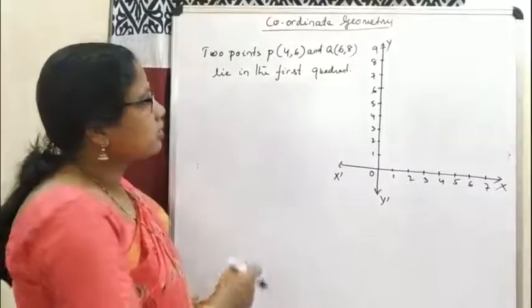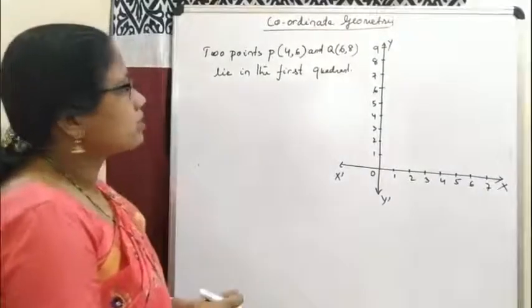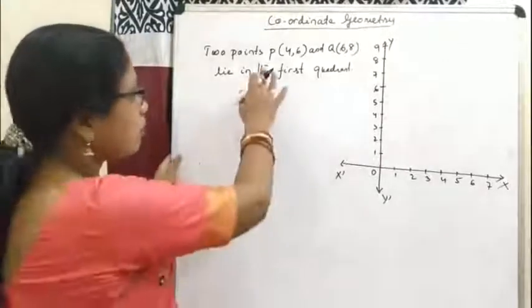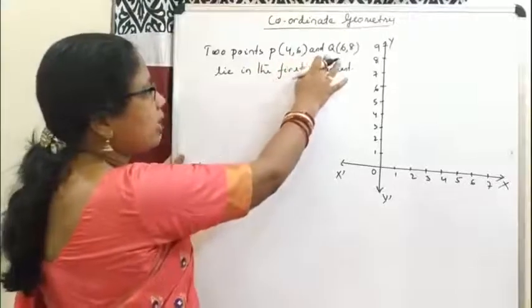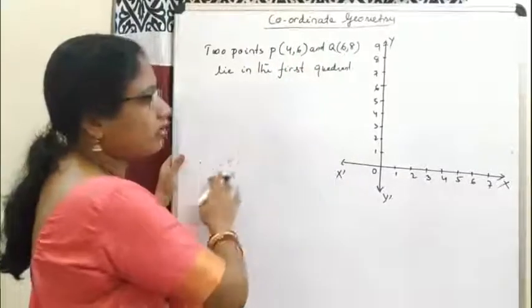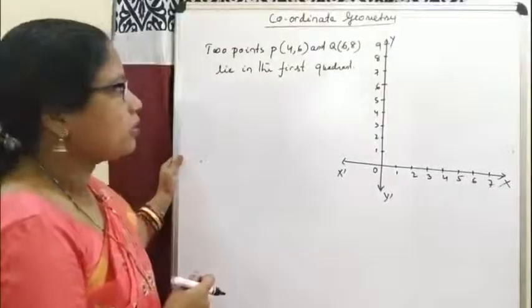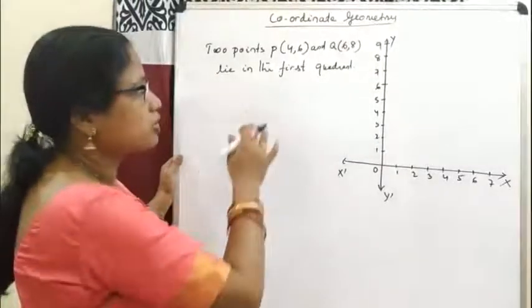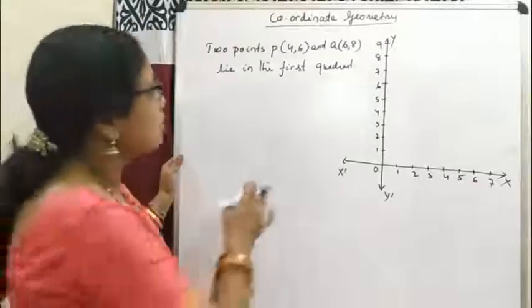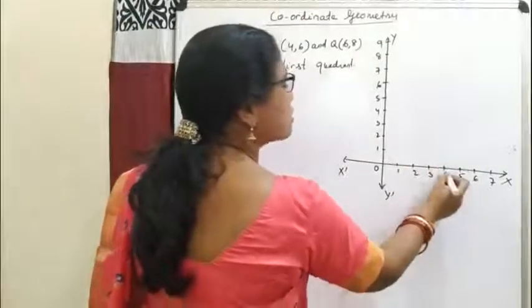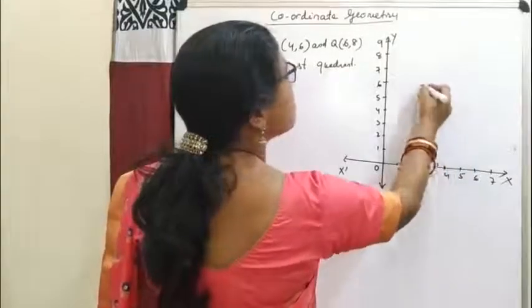So let us consider where 2 points lie in one quadrant. So here point P 4, 6 and Q 6, 8 lie in the first quadrant because both the coordinates are positive in both the points. So these points lie in the first quadrant. So P 4, 6. So this is 4 in x coordinate and 6.